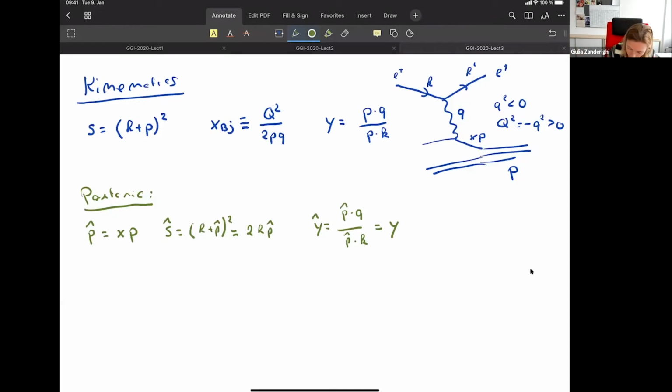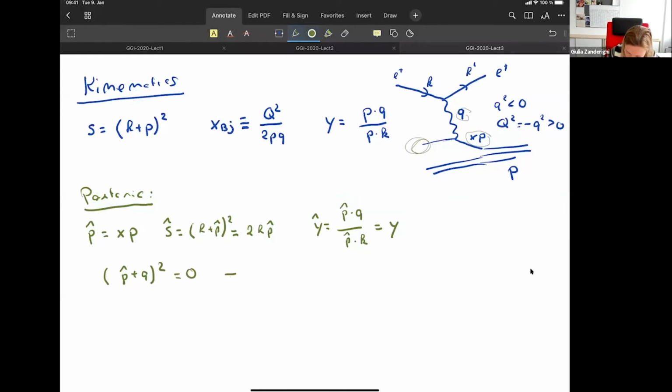And another important thing that you can compute is (p hat plus q) squared. So this p hat is this one here. If you add q, this is somehow the on-shellness of this object here. But at lowest order, this is 0. So (p hat plus q) squared is 0.